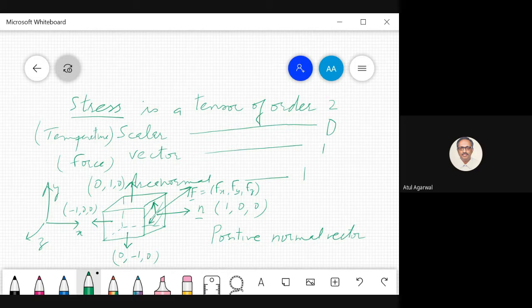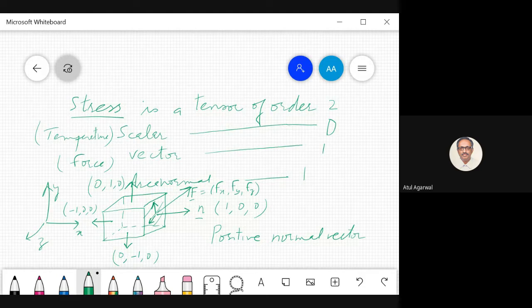Any vector can be represented by its components. So you can choose three orthogonal components, and we choose the three orthogonal components along the xyz axes. I have shown positive directions.